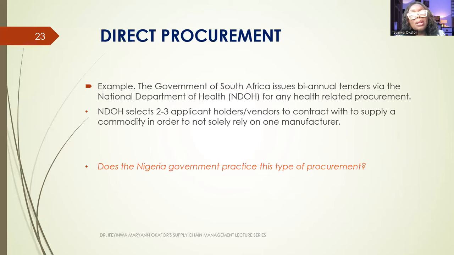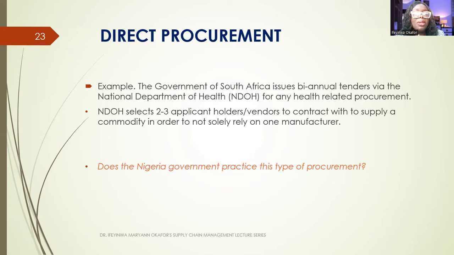Example of direct procurement: some countries do their procurement directly. For example, the government of South Africa issues biannual tenders via the National Department of Health for any health-related procurement.